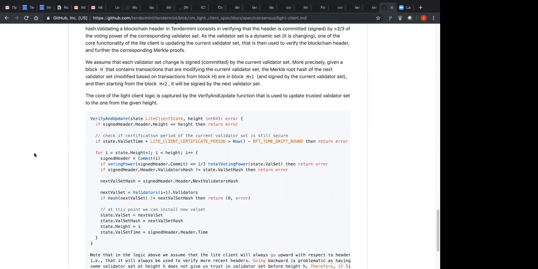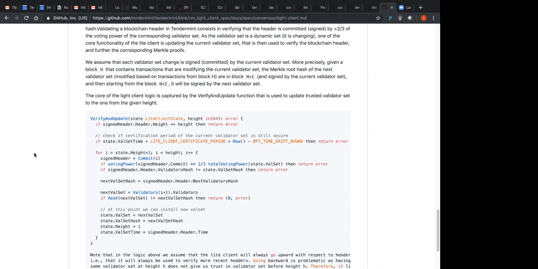Well, the header at height h includes the hash for the block at h-1. That's part of the definition of the blockchain: each block points to the previous block with a cryptographic commitment. So if I trust the validators at height h and I have a trusted header at height h, then I know for sure what the block is at h-1, because the validators I trust signed the hash of block h-1.